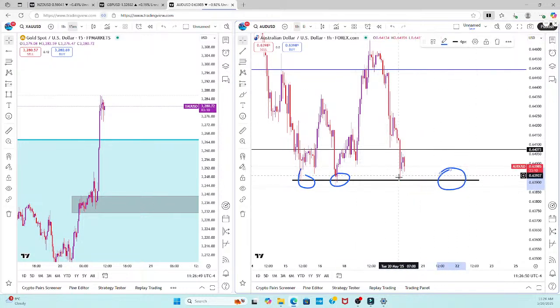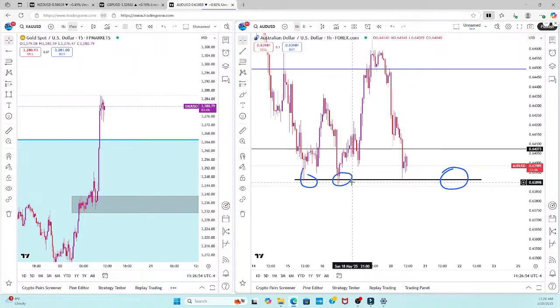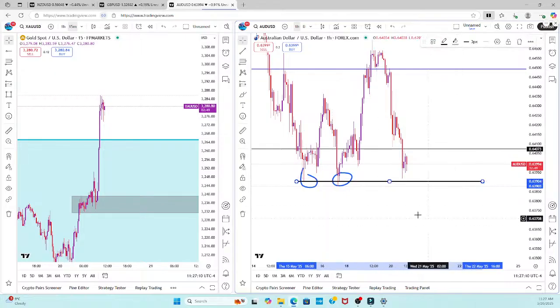So I wouldn't look for a buy here, because this support is no longer strong enough for the price to hold. It might hold a little bit, but the market is going to want to break below this current low.